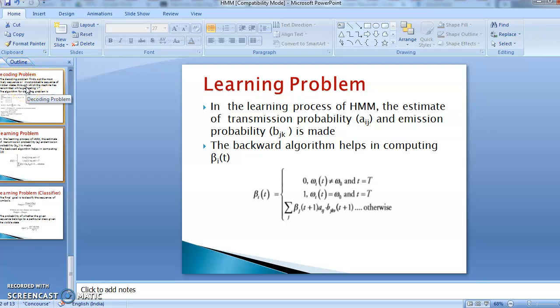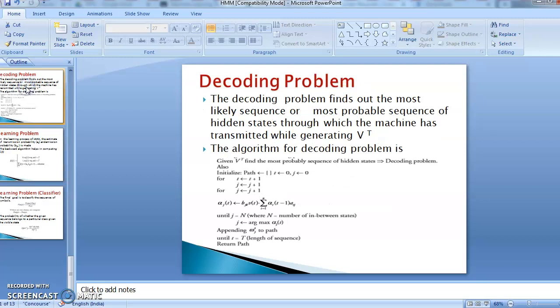Next is the decoding problem. In the decoding problem, we find the most likely, or most probable, sequence of hidden states through which the machine has transitioned during all the visible states. Decoding means we identify the most acceptable state, that is, what will be the final output which will be accepted by this HMM model.